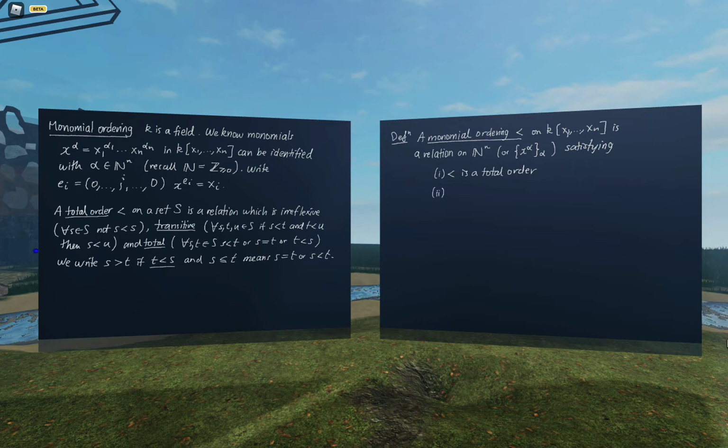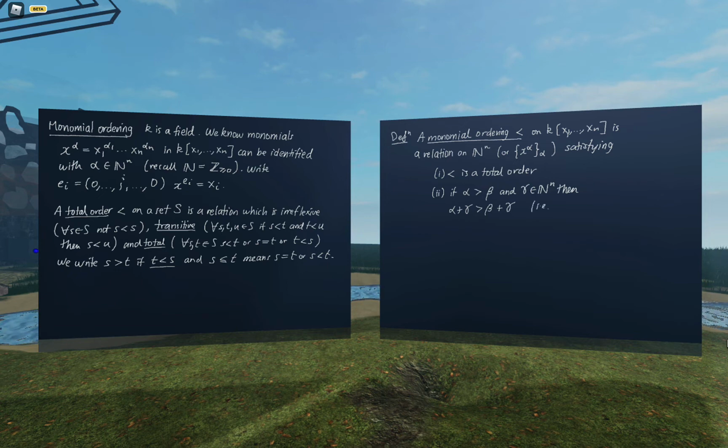Secondly, it's compatible with multiplication, which is to say if alpha is greater than beta, if I use Greek letters, I mean tuples, and gamma is another tuple, then alpha plus gamma is greater than beta plus gamma. By the addition here, I mean coordinate-wise, so you add them as vectors.